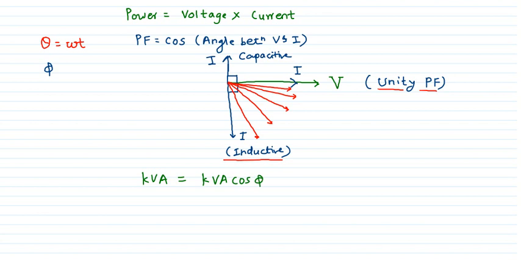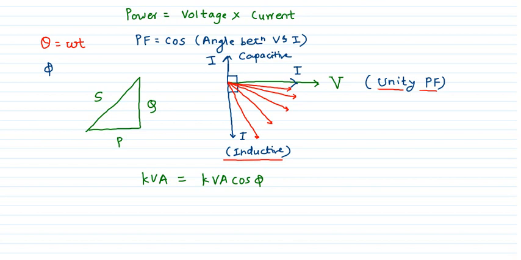You can revise your basics and have this power triangle also, P, Q and S. So this is nothing but your kVA cos phi.